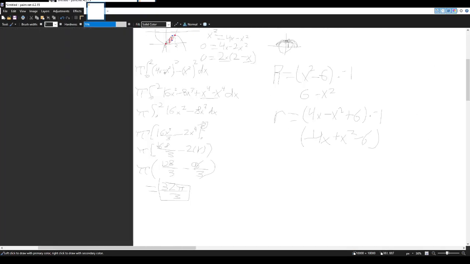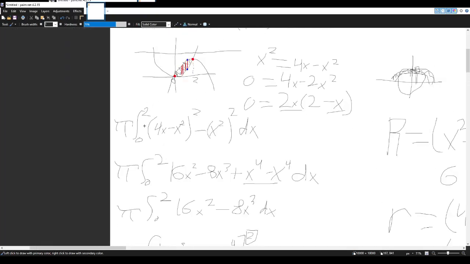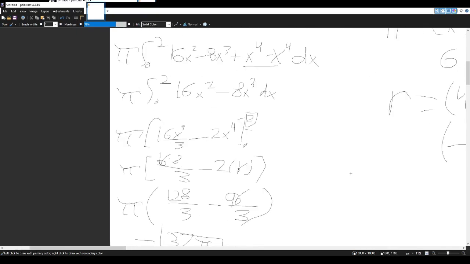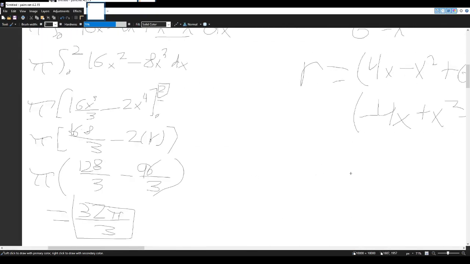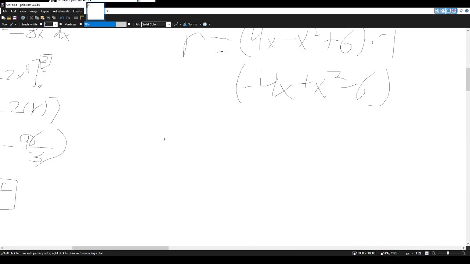And so we just are going to set up the integral same as before, right? We still have the same interval from 0 to 2. We still have the pi out front, and we still have the big R squared minus small r squared. It's just a few things that are different here. But it's not too much that we can't keep track of it. So integral 0 to 2. So I said the big R is not going to be that one.